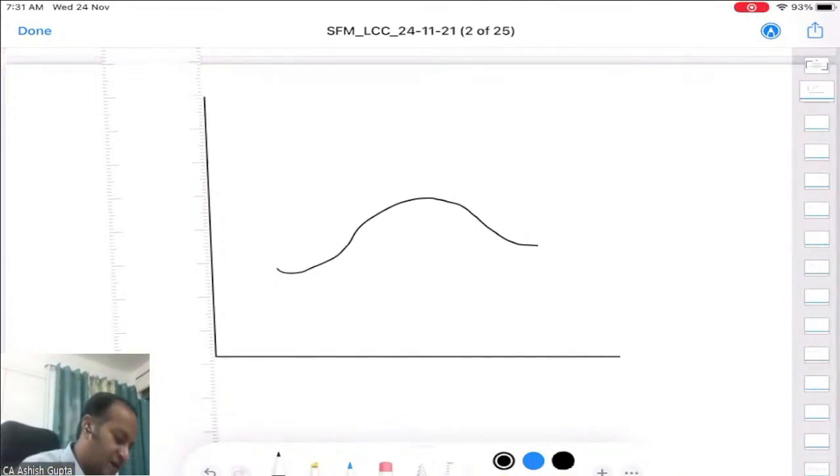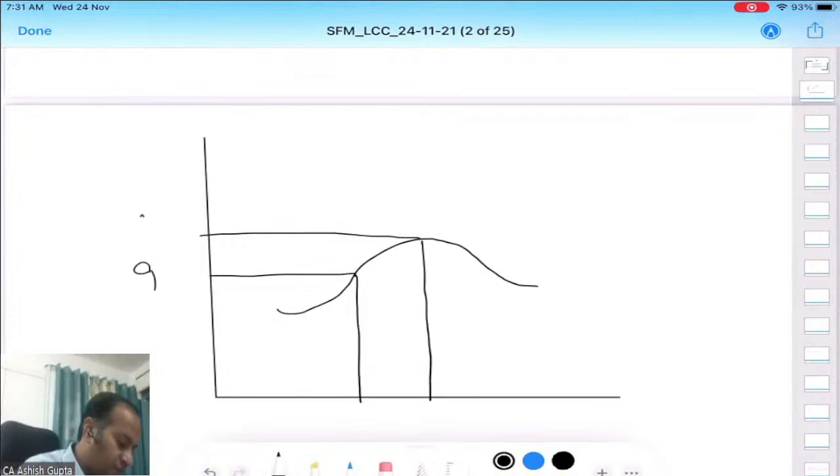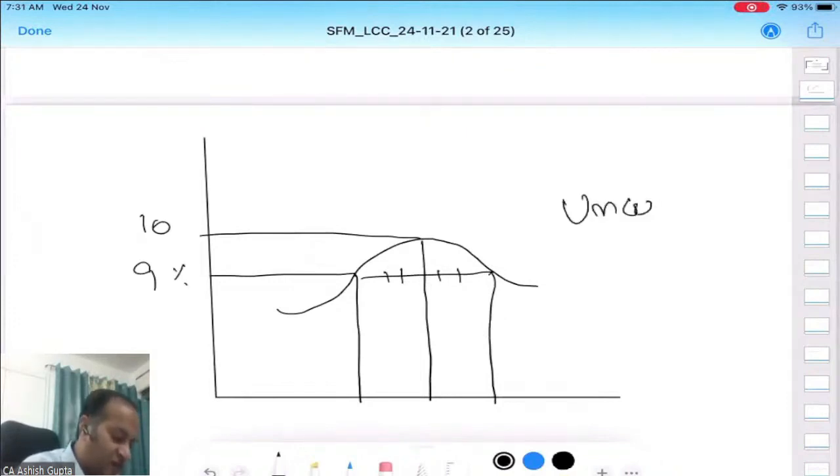Initially the yield is 9%, then for 2 years it has gone up to 10%. Now again for the third year it has gone to 9%. So it is a kind of uncertain situation in the economy.